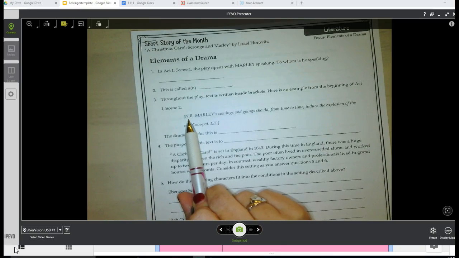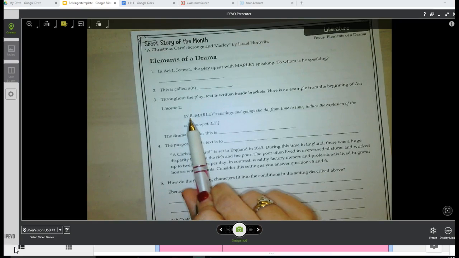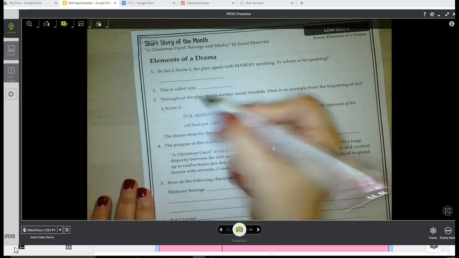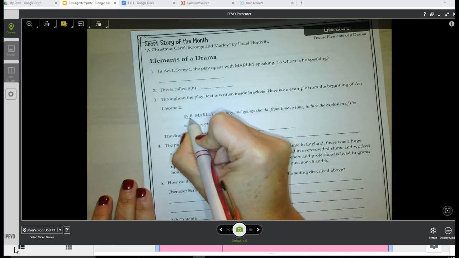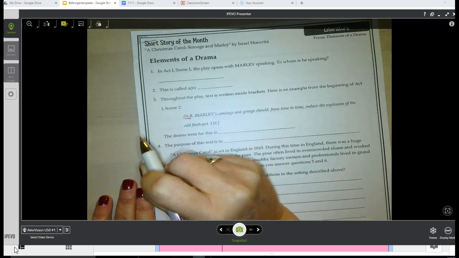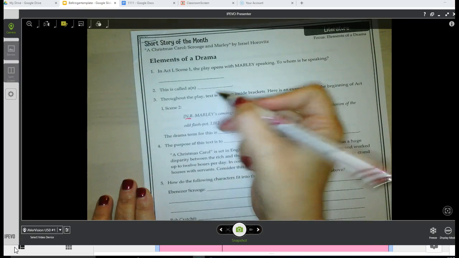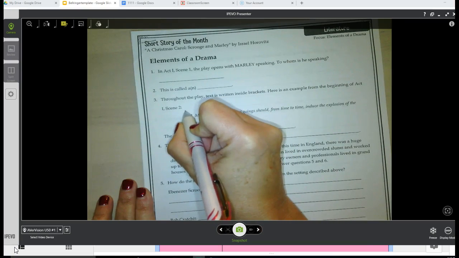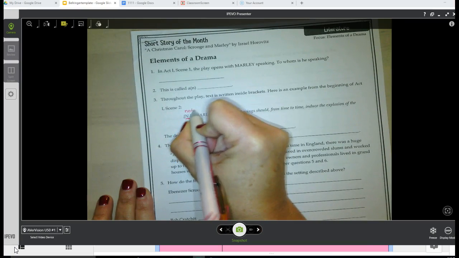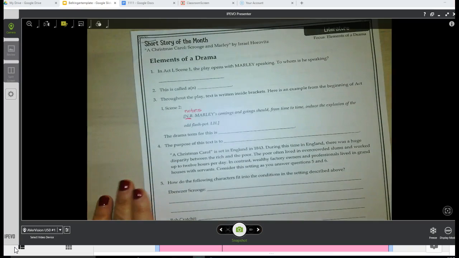So I did a little Google search because I didn't know what these things stood for. I found out that this is a Latin phrase, which I don't know how to pronounce, but basically it just means notes. So a screenwriter might put in the script some notes that they want the people that are putting on the play to understand.